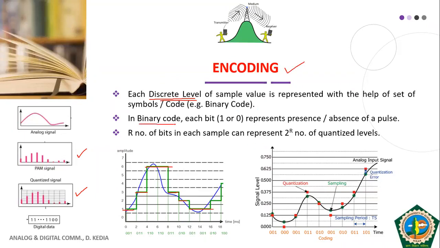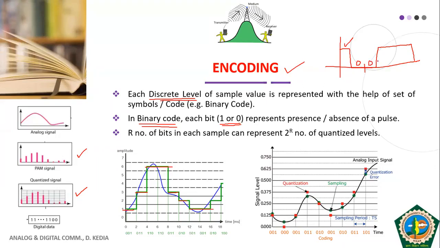If we are considering binary code, which is the most widely used, we represent our sample value with binary code in the form of 1 and 0. We know that 1 and 0 are represented in the form of pulses like this. When 1 is there, the pulse is present. When 0 is there, the pulse is absent.